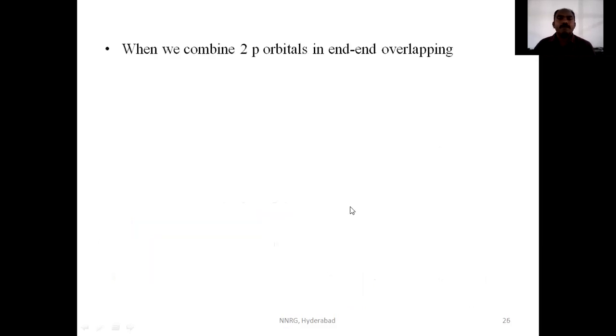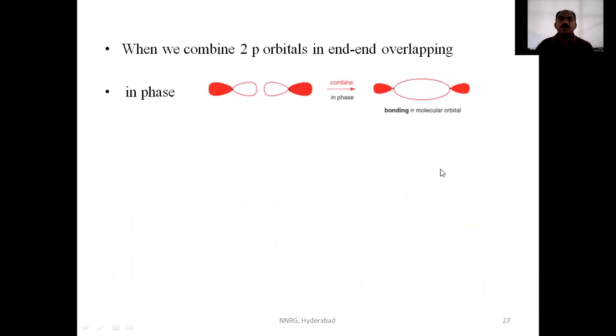Now see another example where we combine two p orbitals in end-to-end overlapping. These two p orbitals have similar phases. So white and white phases are interacting with each other to form a molecular orbital. A bonding molecular orbital is formed.